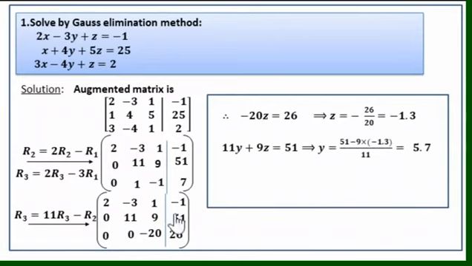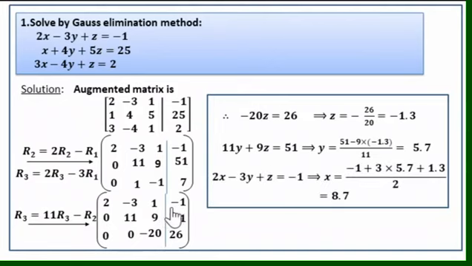From the second equation we get 11y plus 9z equal to 51. From this we can solve for the unknown y. So 11y is 51 minus 9z, or y is equal to (51 minus 9z) by 11. Substitute for z. Simplify, we get y equal to 5.7. Then the first row gives the first equation, 2x minus 3y plus z equal to minus 1.